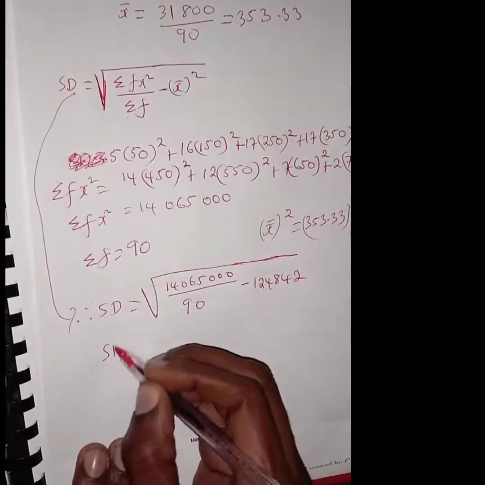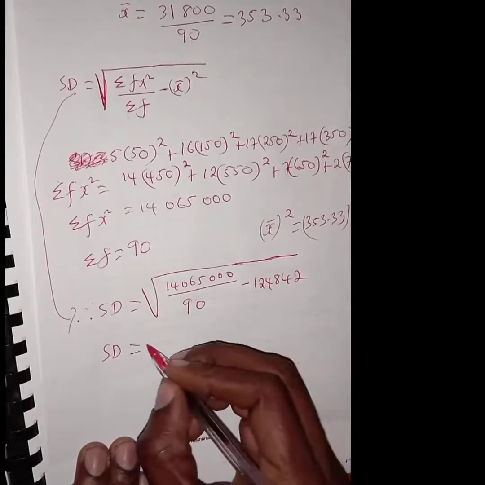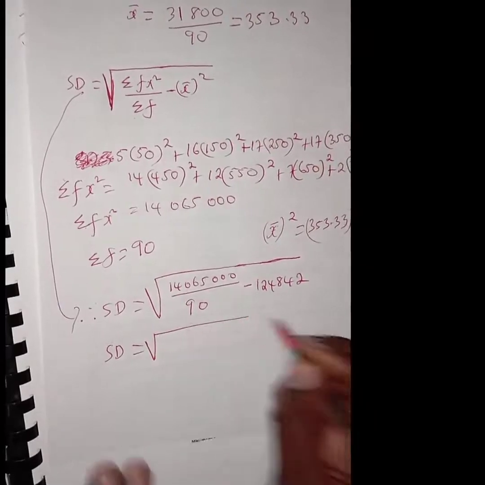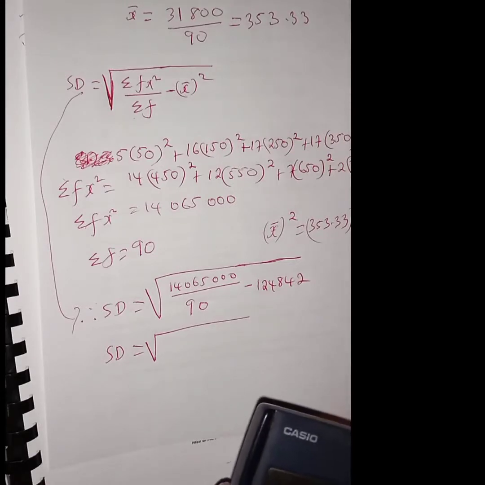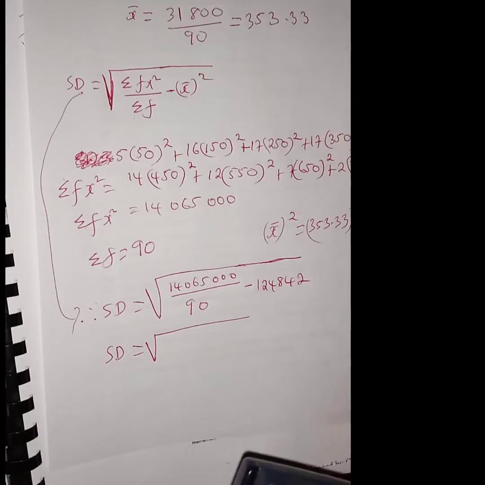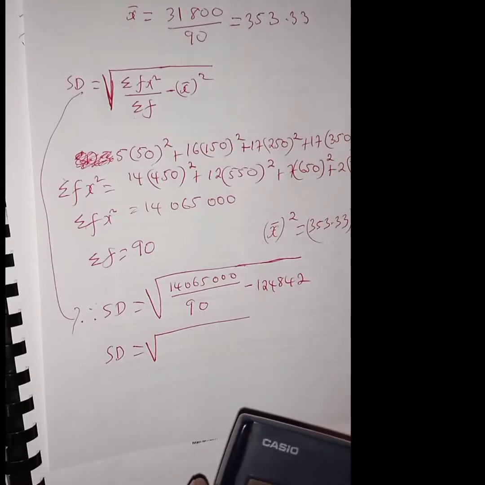Do it directly on your calculator. So 14,065,000. You need to counter check what you are punching on your calculator. You can mention numbers one by one so that you don't confuse yourself in an exam. 14,065,000 divided by 90.